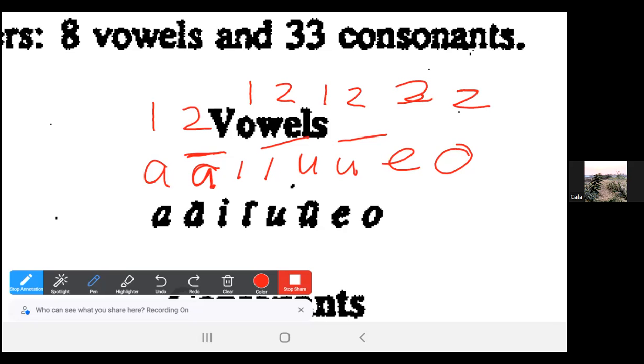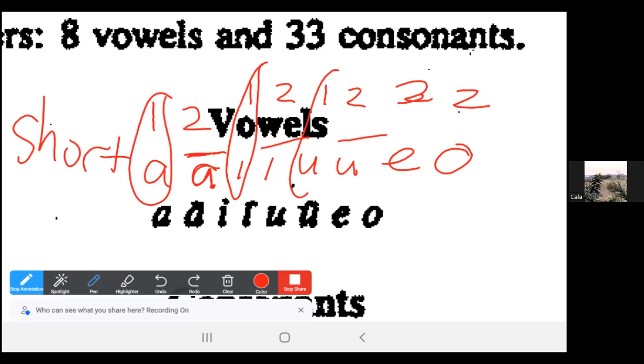So one timing is A, another one timing is I, another one timing is U. A-I-U is one timing, so it's a short sound. Yeah, short sound. Then the long sound will be the ones with two timing.